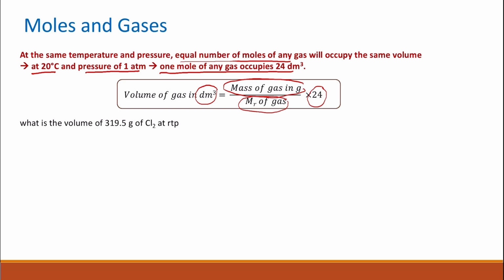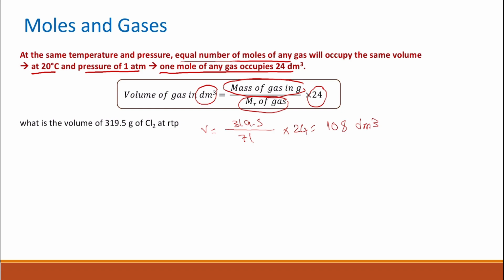The volume of chlorine will equal 319.5 gram divided by the relative formula mass of chlorine, which is 71, multiplied by 24, and you will get 108 decimeter cubed.